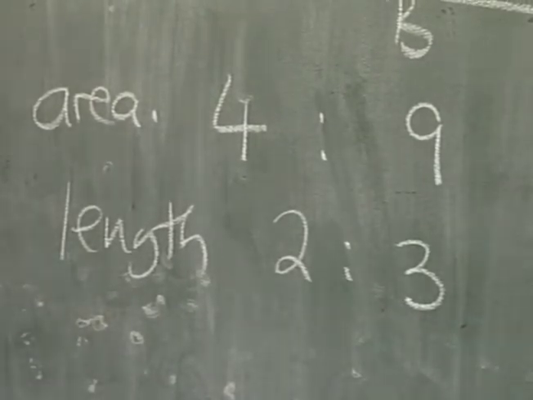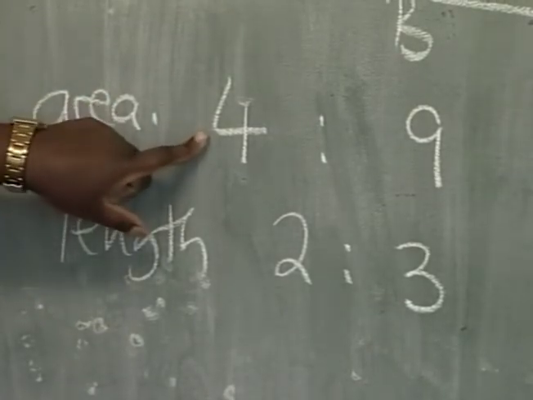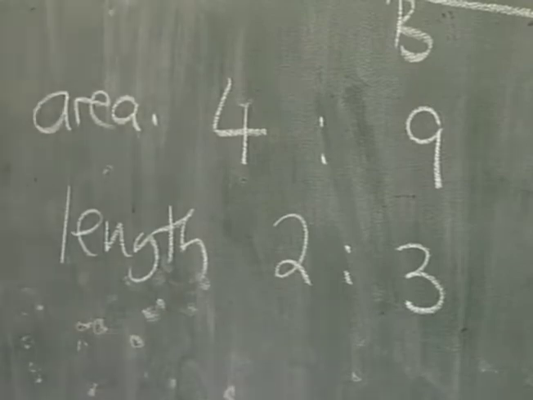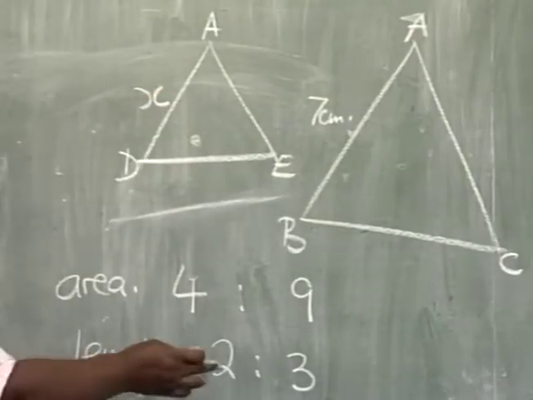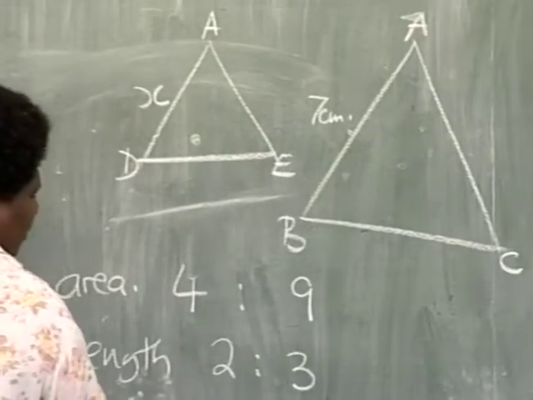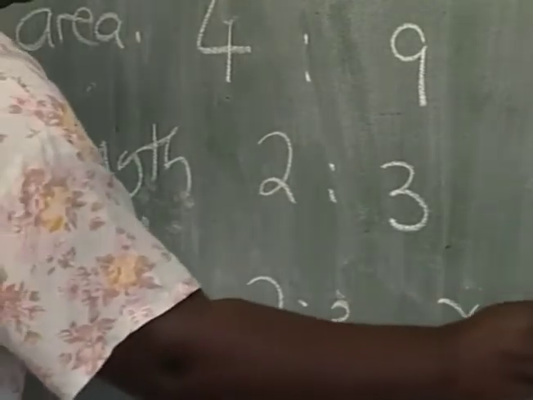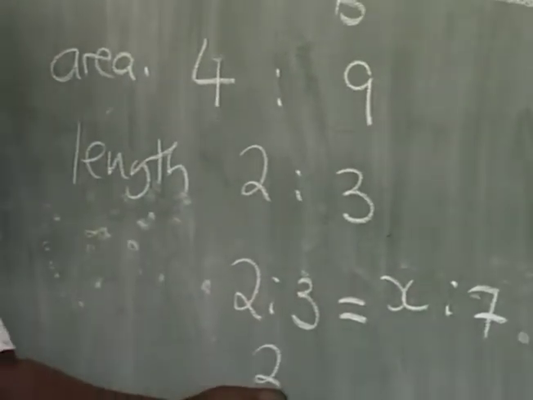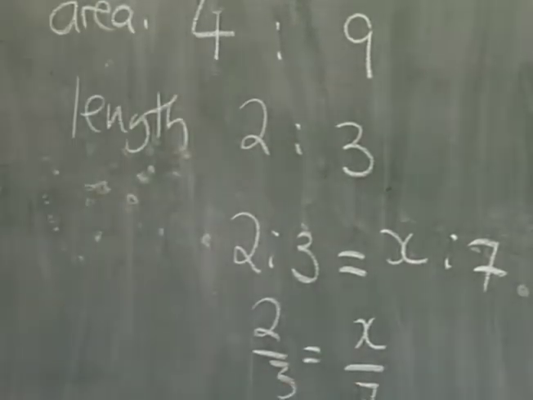You cannot use 4:9 to find the length. So we are looking for AD, which is x. So you are going to say 2:3 is equal to x is to 7. So 2 on 3 equals x is to 7.